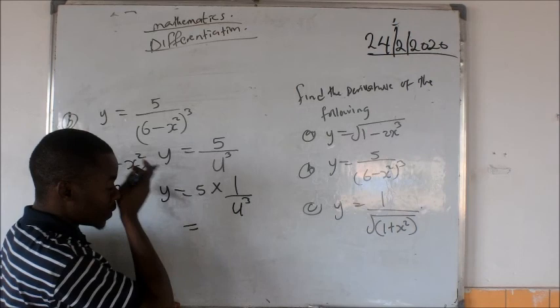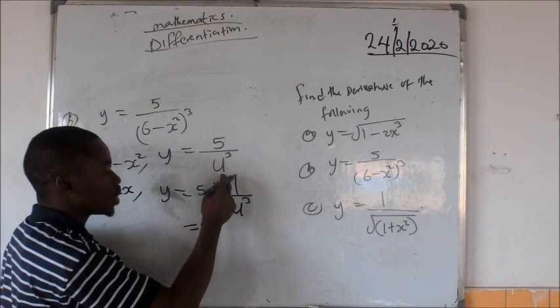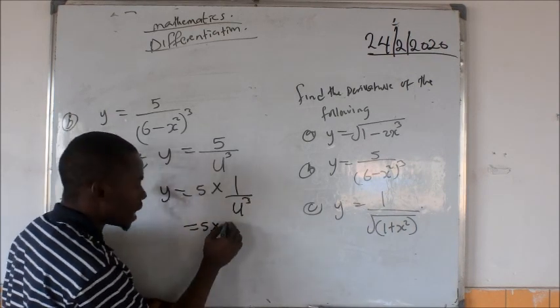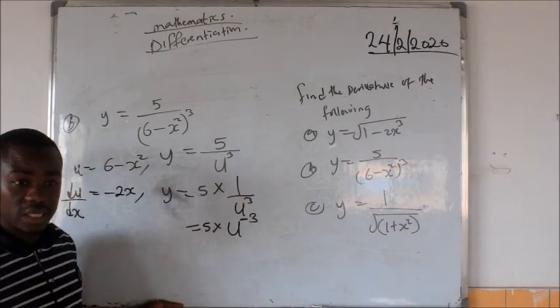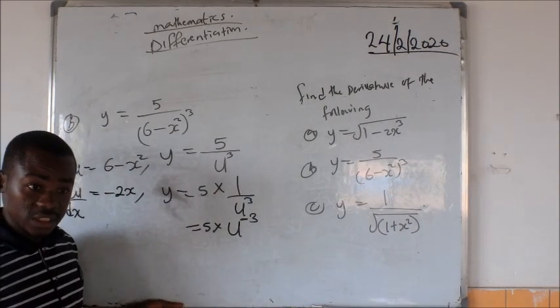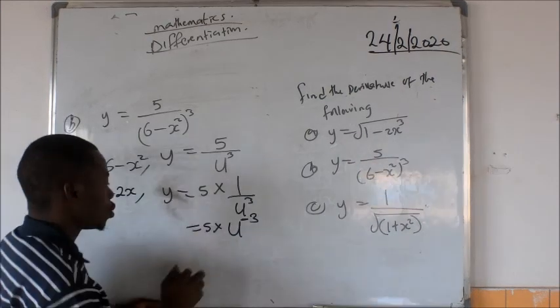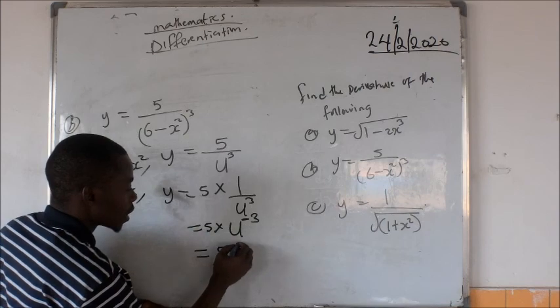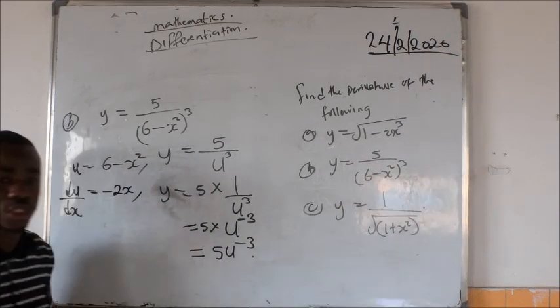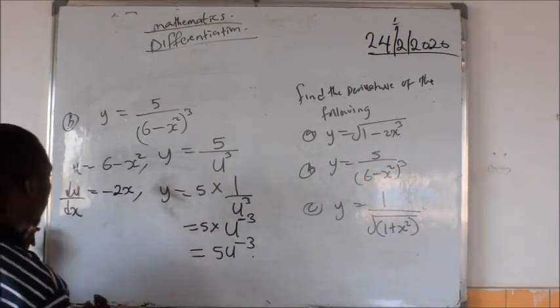So at the end of the day, it will be 5 times, you see this 1 over u raised to power 3 is still the same thing as u raised to power minus 3. Do you understand the reason? So 5 times u raised to power minus 3 gives you 5u raised to power minus 3.